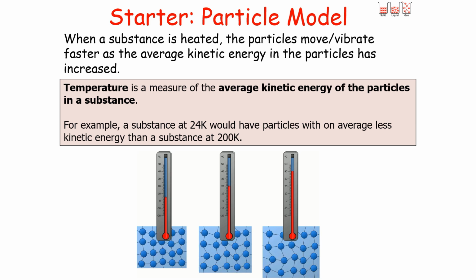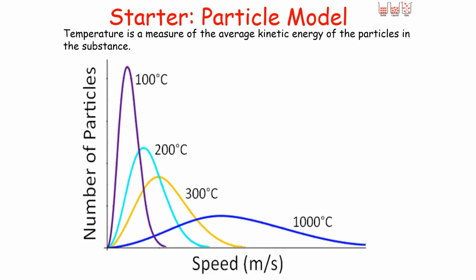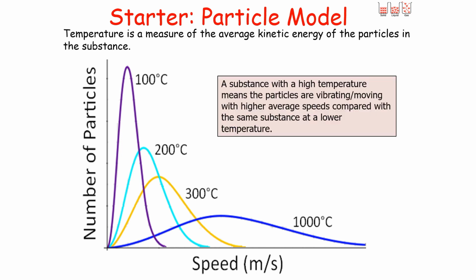Now, as we can show in the following graph, we can look at how the temperature of a gas links to the average kinetic energy or speed of the particles in that substance. So a substance with a high temperature means that the particles are vibrating or moving with higher speeds on average compared with the substance at a lower temperature.